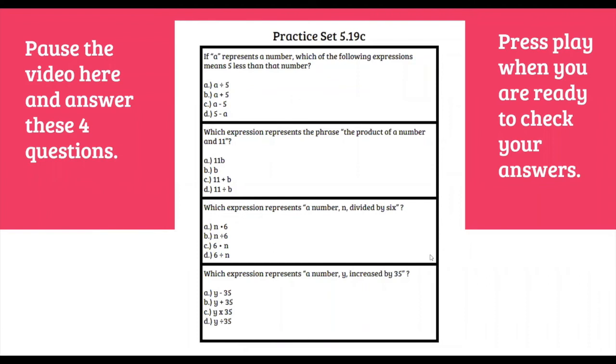The next question says, which expression represents a number n divided by 6? And finally, the last question says, which expression represents a number y increased by 35? Pause the video here and answer these 4 questions. Press play when you are ready to check your answers.